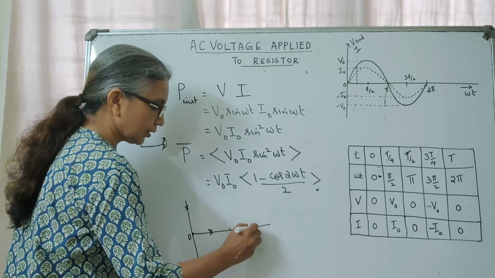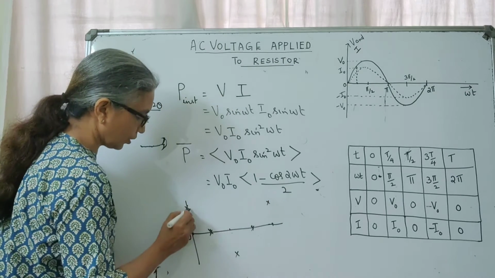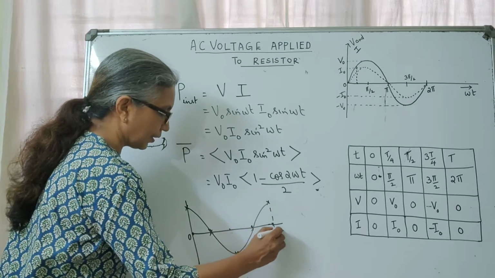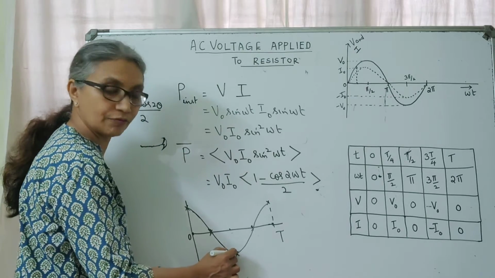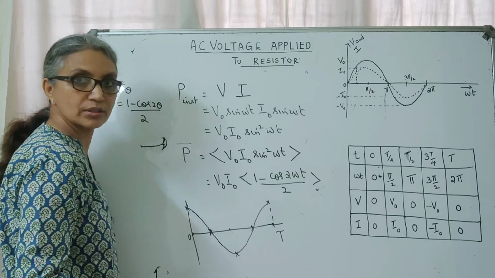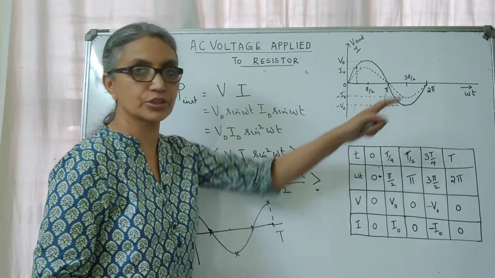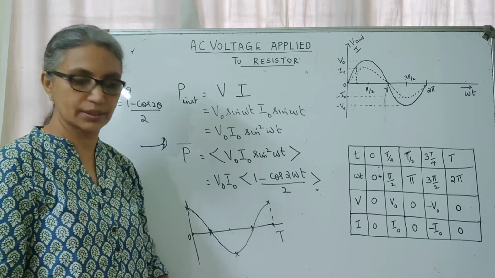Cos 270 is again 0. And cos 360 will go back to plus 1. So if you take one complete time period, every positive value will have a corresponding negative value, and all these negative values will have a corresponding positive value. So any cosine function or sine function, if you take the average over one complete cycle, will be 0.